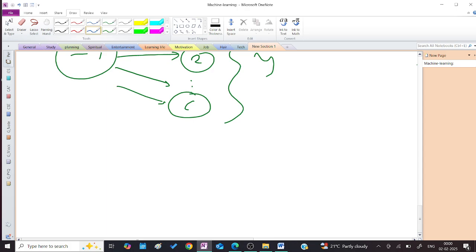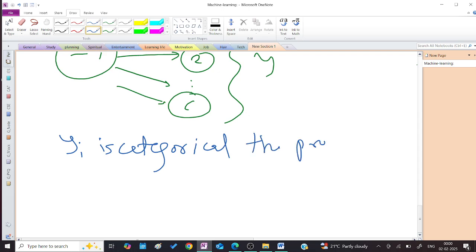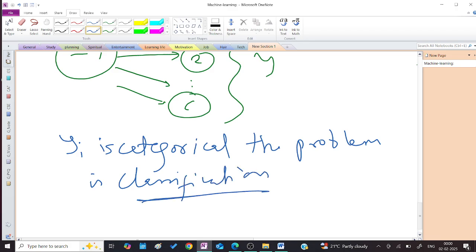Whenever y_i is categorical, the problem is classification, or we can say pattern recognition.